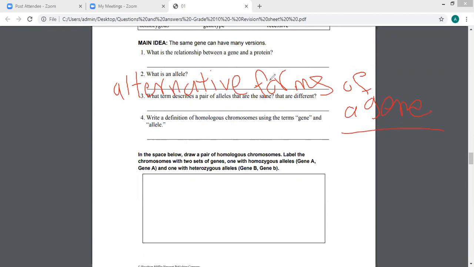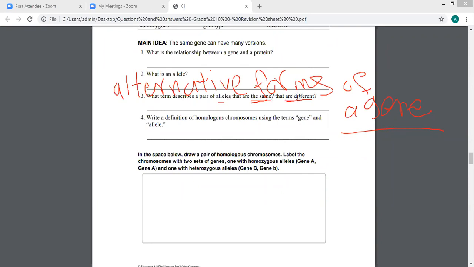Number three, what term describes a pair of alleles that are the same and that are different? The first part asks about the alleles when they are similar or the same. When the alleles are similar or the same, they are called homozygous.